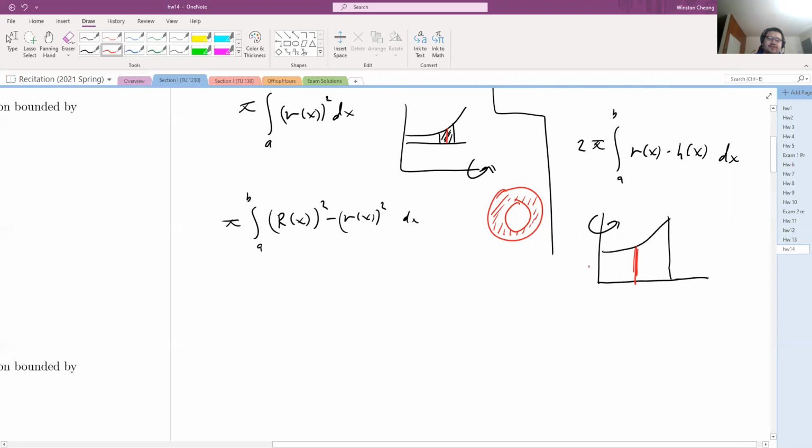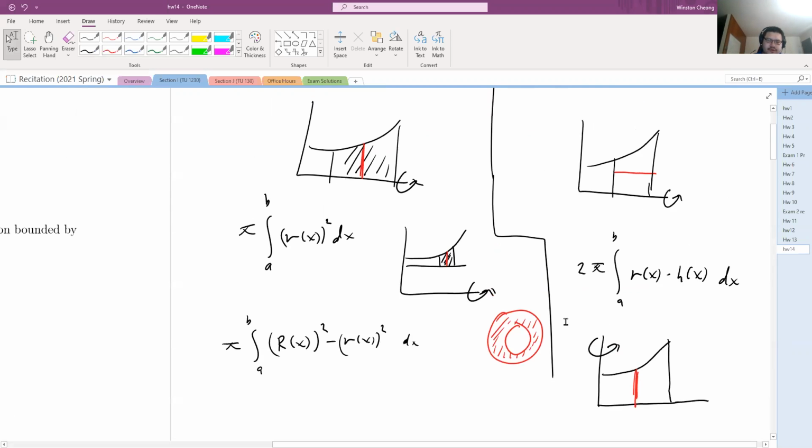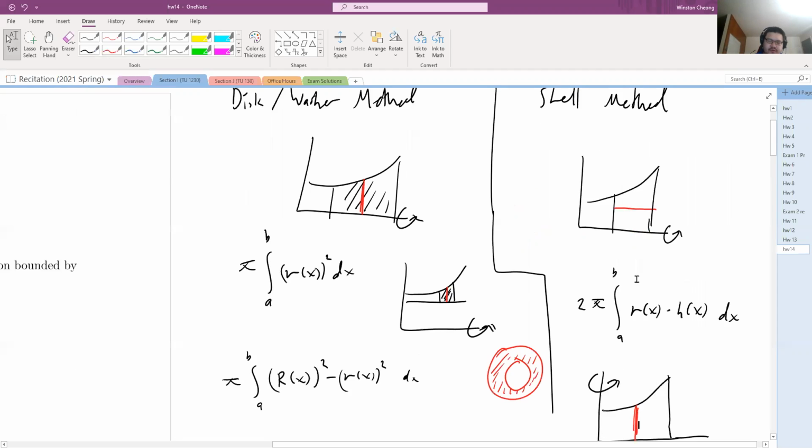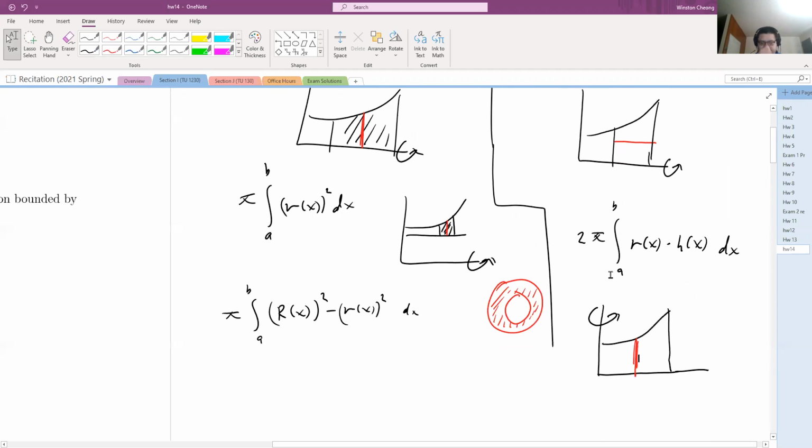The important thing to note is whether the segment that you're rotating is parallel or perpendicular to the axis that you're revolving. The key thing is that in disk or washer method, that segment is perpendicular to the axis of revolution, whereas in shell, it's always parallel. That's really the way that you tell these things apart.